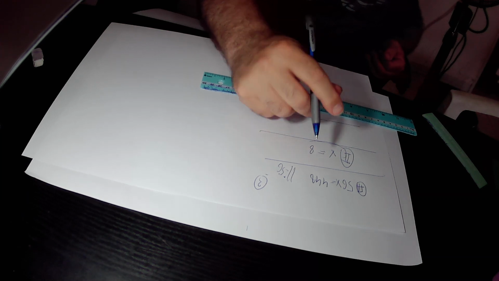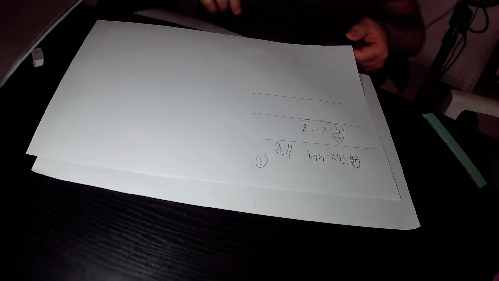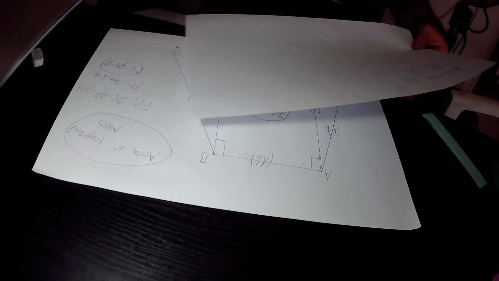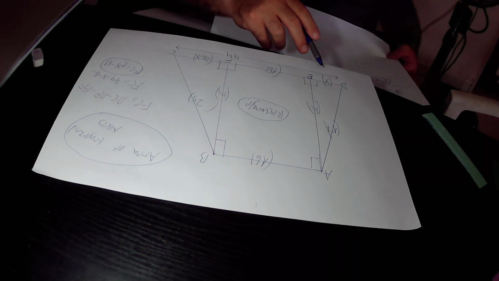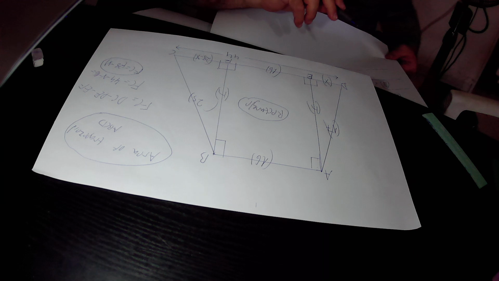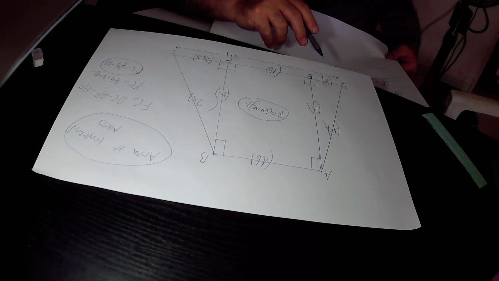We found out that x, that is the length of this line segment DE, equals 8 units.